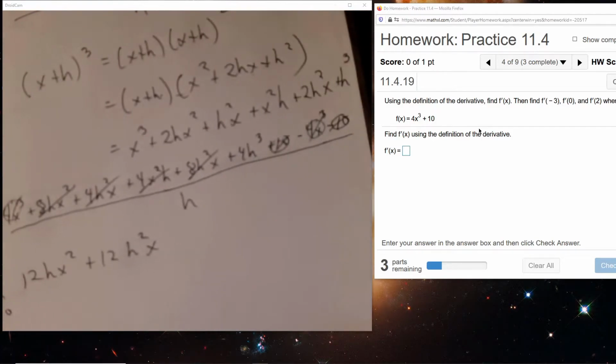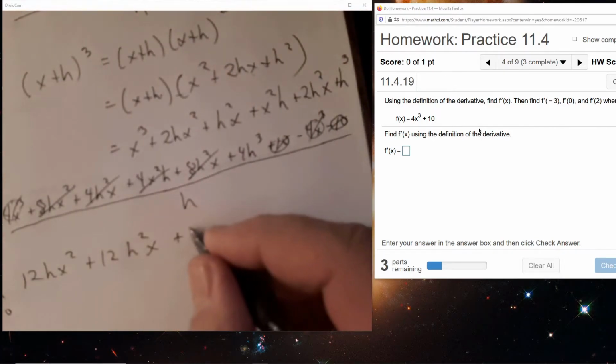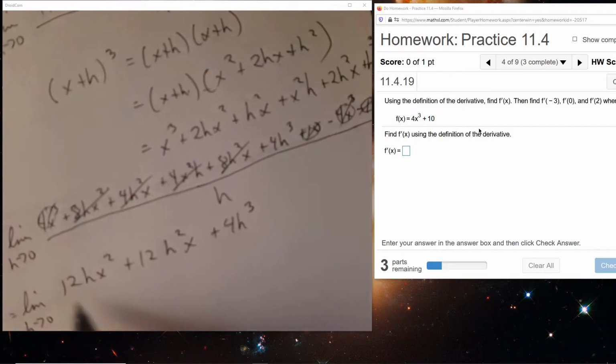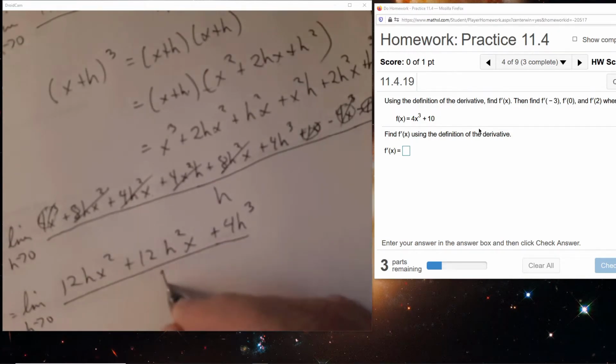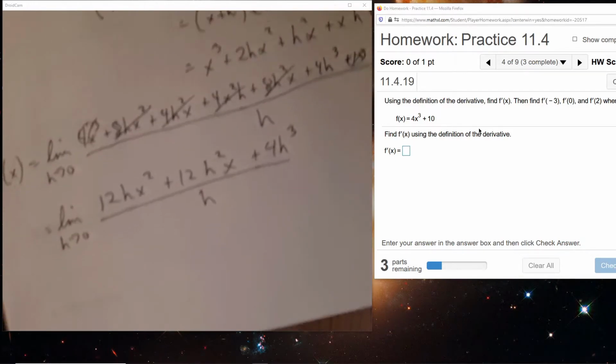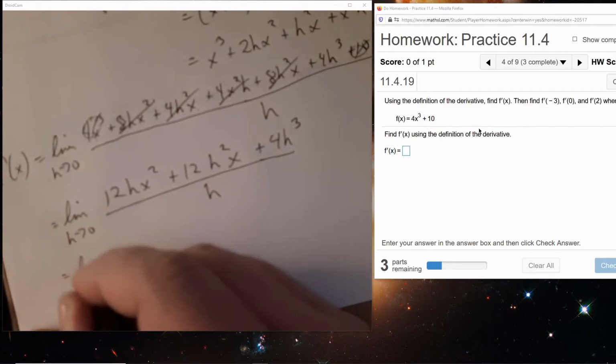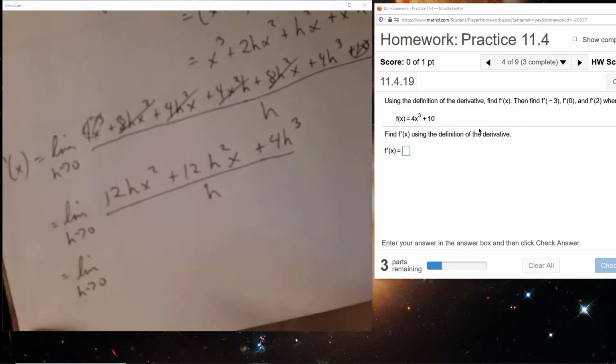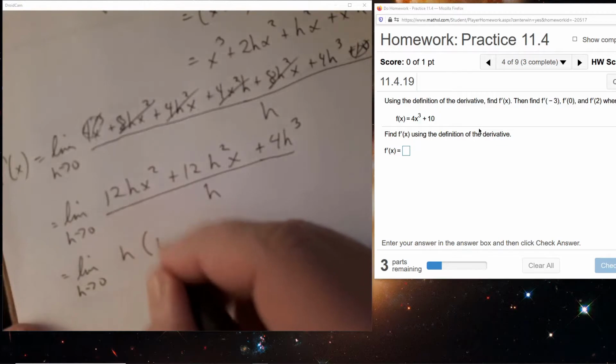And so now all that's left is the plus 4h cubed all over h. So that cleaned up pretty well. And the numerator has an h that we can factor out.